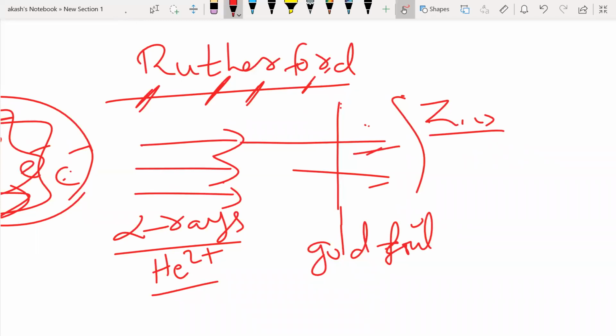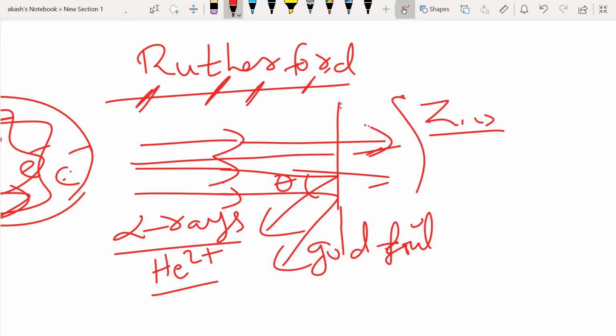Scintillations were formed beyond this. Then he found out that some of the rays got deflected by an angle of theta. And one in thousand rays, or one in some millions of rays, just retraced their path. That means the angle of deflection was 180 degrees. So these three were the observations.